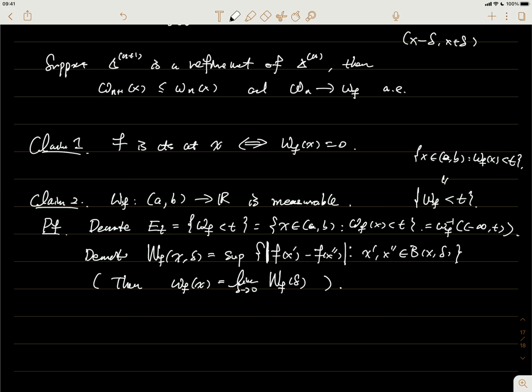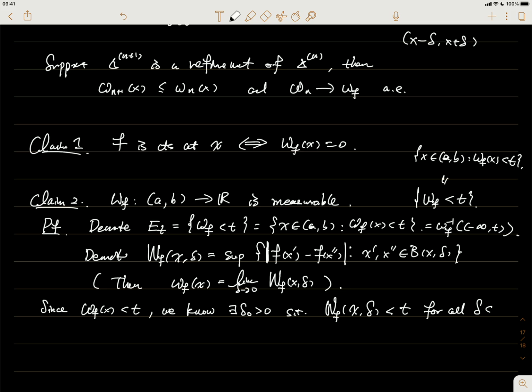Now, because this lowercase Wf of x is less than t, we know there exists a delta_0 such that the capital W_f(x, delta) is less than t for all delta less than delta_0.